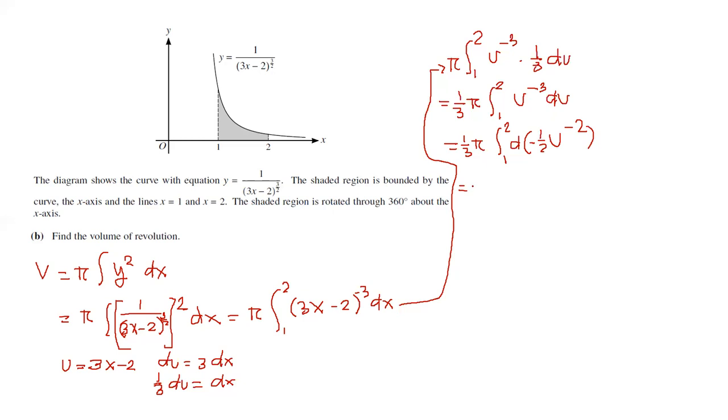And it becomes negative 1/6 pi, and 1/u equal this one, 3x minus 2, squared.